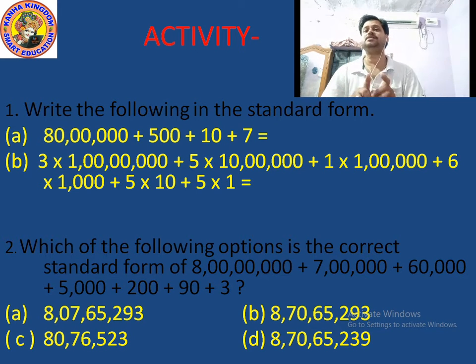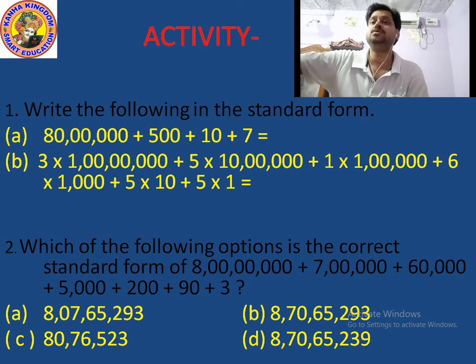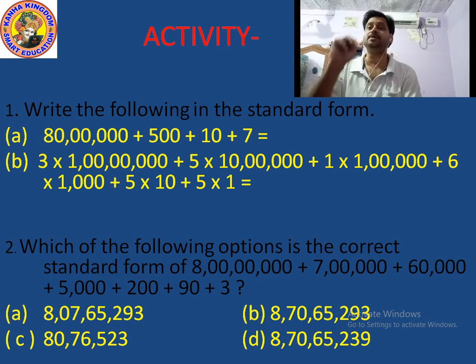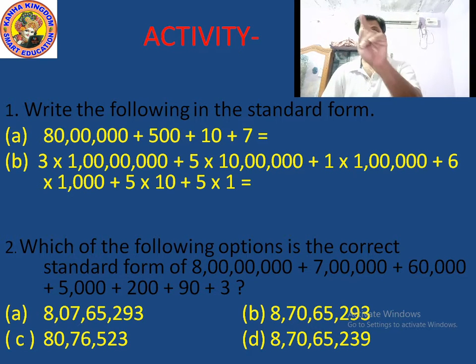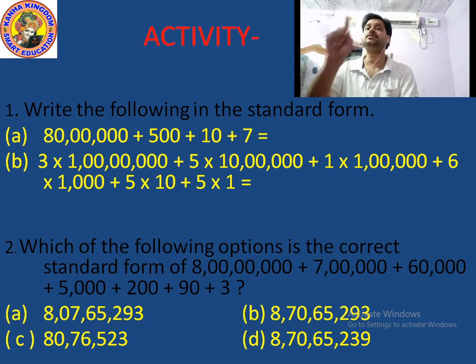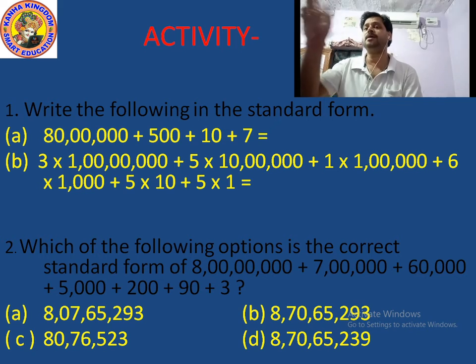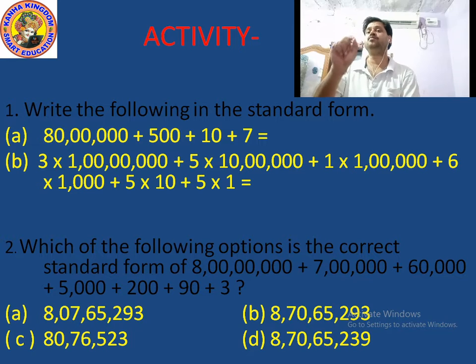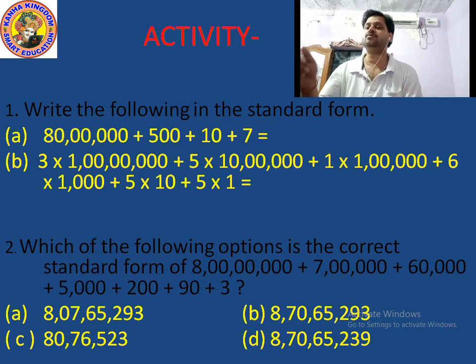When 1 is multiplied by 1 lakh it equals 1 lakh, plus 6 multiply 1,000. So in this number a single comma means 2 periods and the second period is the thousands period, and after the comma how many digits? 1 digit, means 1000. So 6 multiplied by 1000, plus 5 multiplied by 10, which equals 50, plus 5 multiplied by 1, which equals 5.